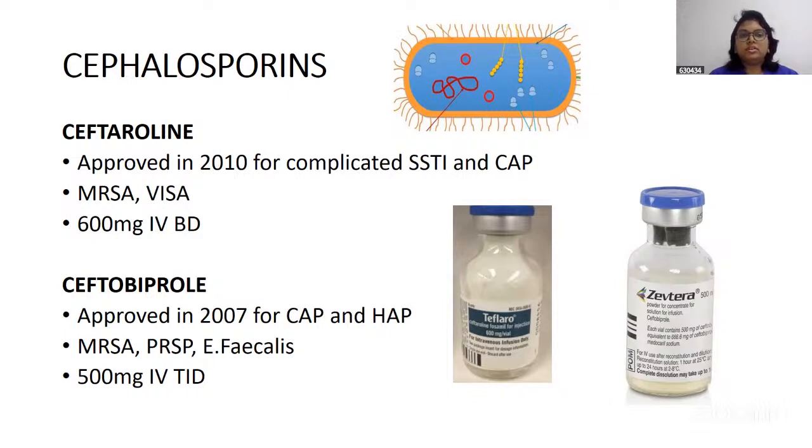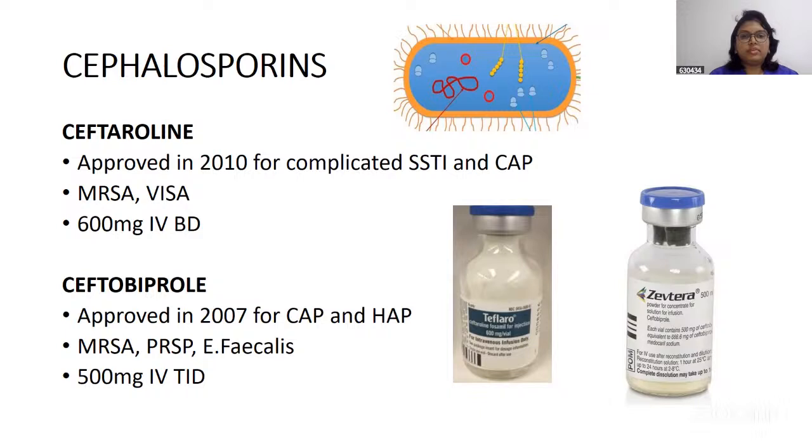Ceftaroline was approved by FDA in 2010 for complicated skin and soft tissue infections and community-acquired pneumonia. It is effective against MRSA and VISA both, given in doses of 600 milligrams twice daily. And ceftobiprole was approved in 2007 for pneumonia.